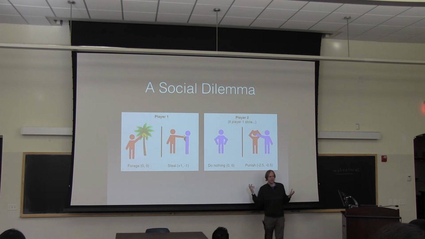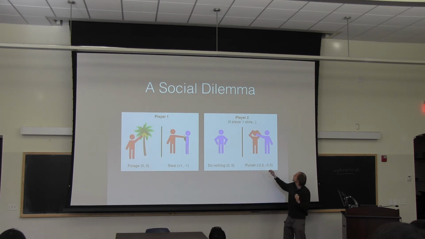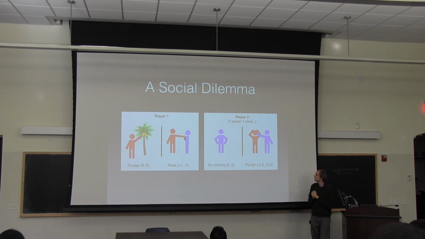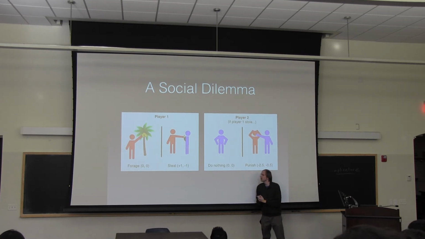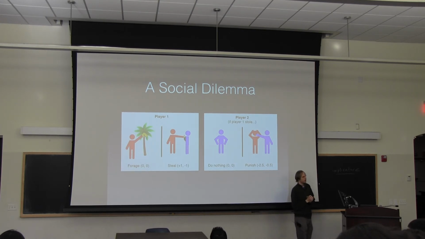We're going to have player 1 and player 2. Player 1 is going to be the red guy, and player 2 is going to be the blue guy. So player 1's in the world, and it needs food, which has some fitness value or whatever. And has a decision. It can either go forage for food itself, or it can go steal player 2's food. In this case, it's a banana.